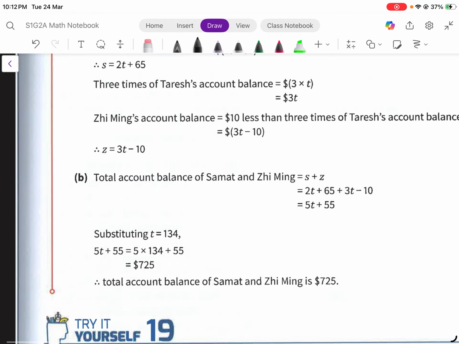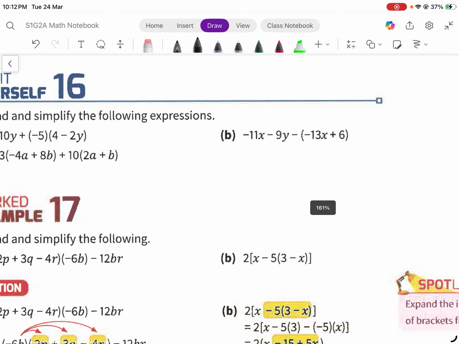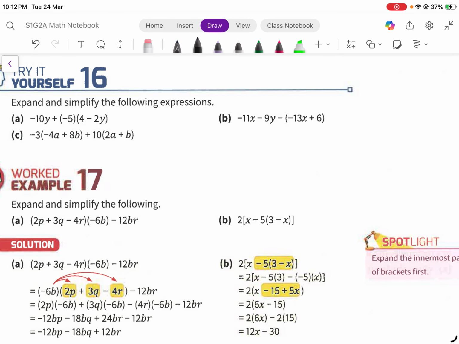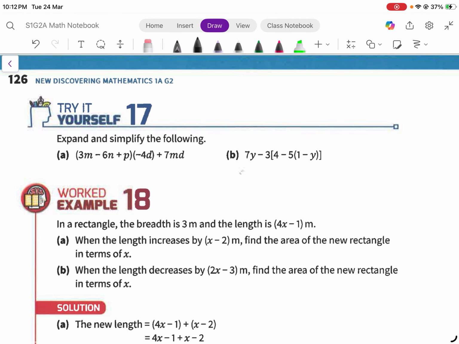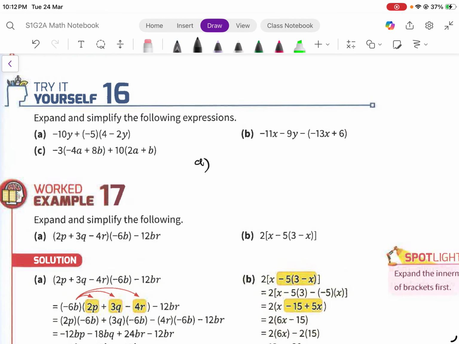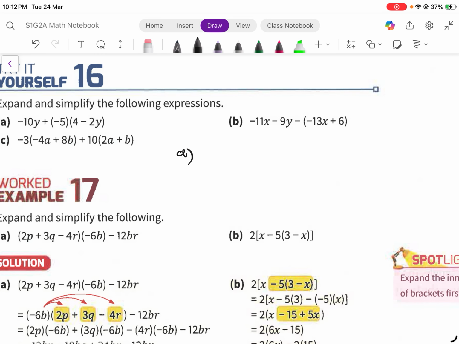Right, so 1, 2, 3, 4. Okay, so from here, what you need to do for A. Okay, I think I'm only going to do up to question 17. We'll handle the word problems when I get back. Okay, so expand and simplify for the following expressions. So minus 10y plus, okay, so we have this, right? We're going to multiply in 4 bracket minus 5 minus 2y bracket minus 5.